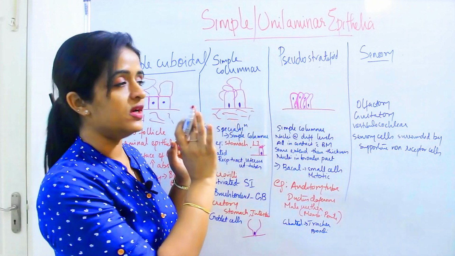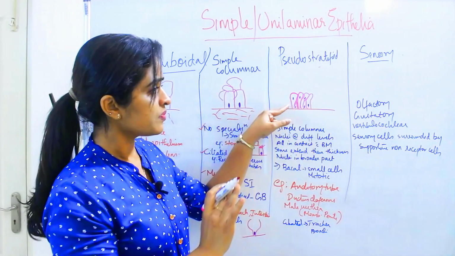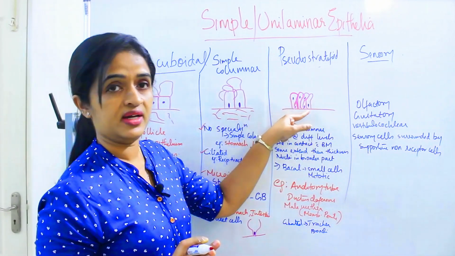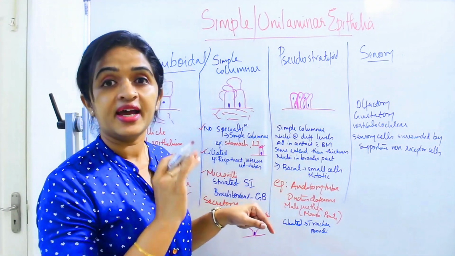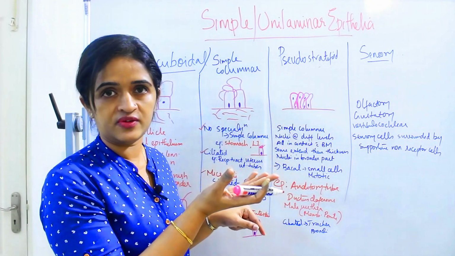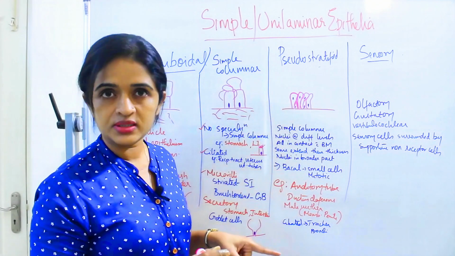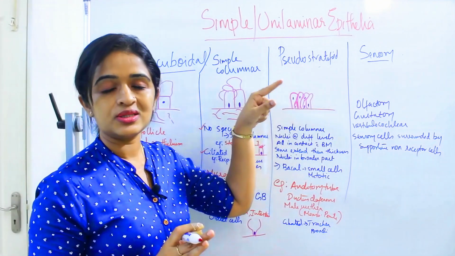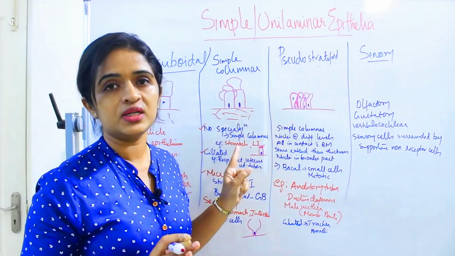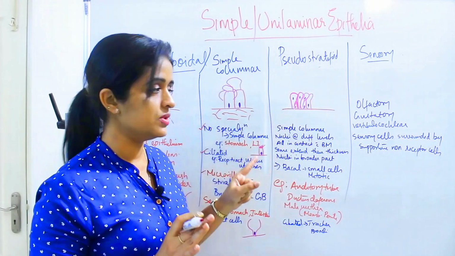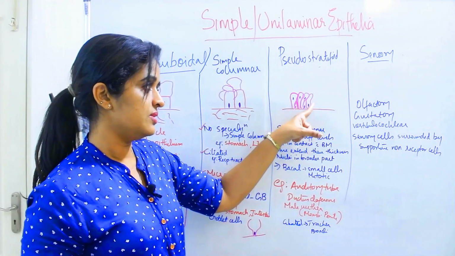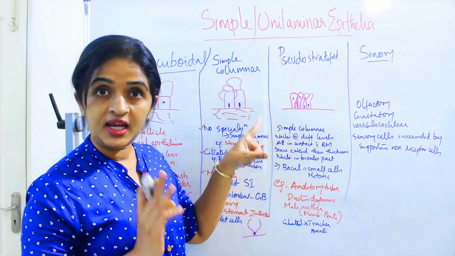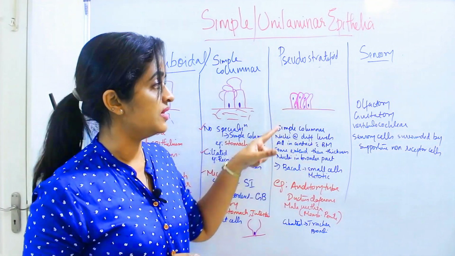So ultimately, when you look at the entire epithelium, you will be getting nuclei at different levels, and this is how you get it in a stratified epithelium. So it looks like stratified, but still it is just one single layer of cells, hence you call it pseudostratified.